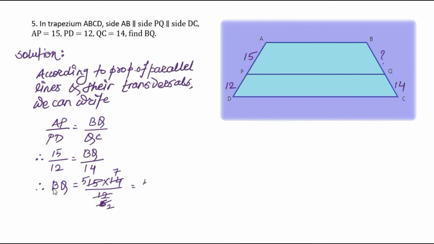So 5 into 7 upon 2, it is 35 upon 2, which is 17.5. As units are not given, we can write simply units. So 17.5 units is the answer for this problem.